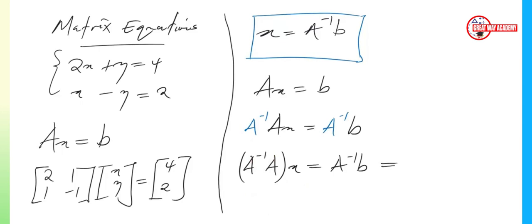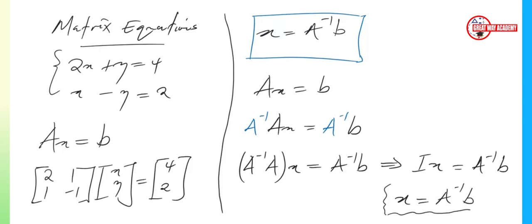So this implies that we have the identity matrix multiplied by the vector X, which gives us the inverse of matrix A multiplied by B. And when we multiply an identity matrix by any vector, we get the same vector. So we get X is equal to A inverse B. That's where it comes from.